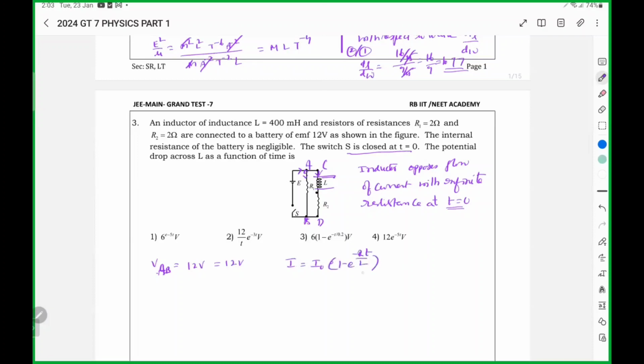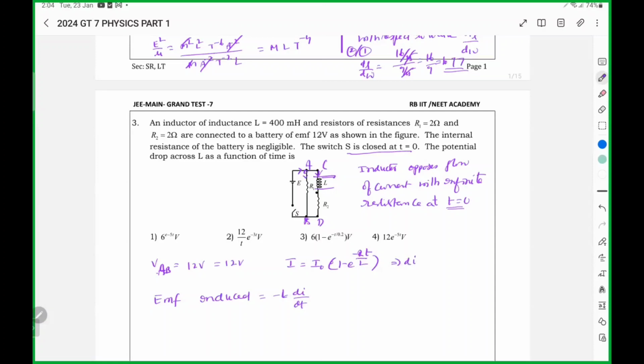How current changes is a derived result for the LR circuit. Here the EMF induced is minus L di by dt.